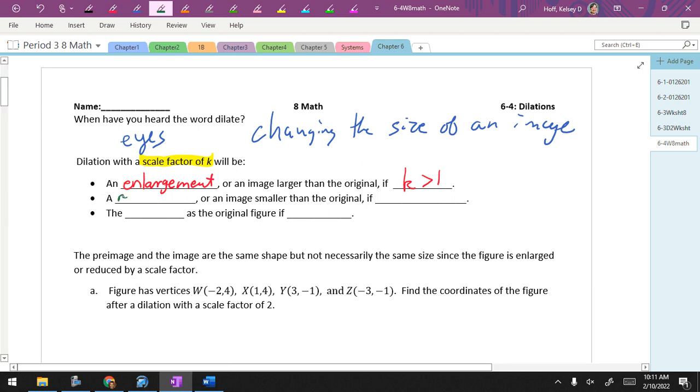A reduction, or when your image after you dilate it is smaller than the original, happens if K is greater than 0 but less than 1. If you want to write that in words, greater than 0, less than 1.